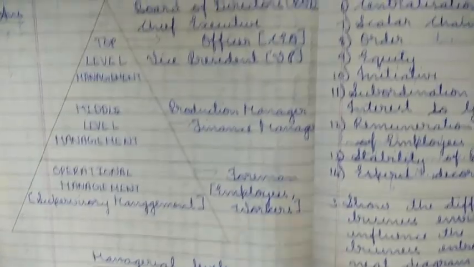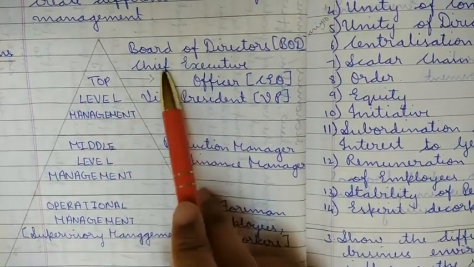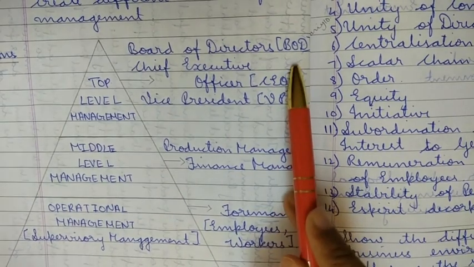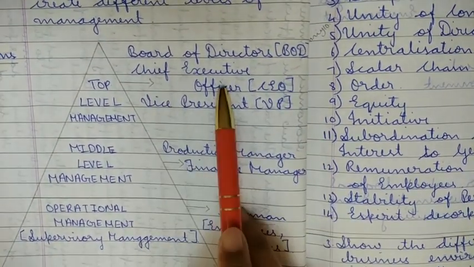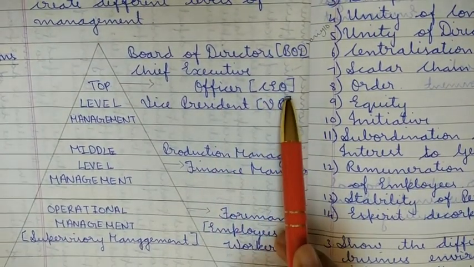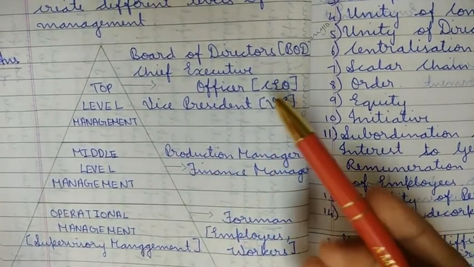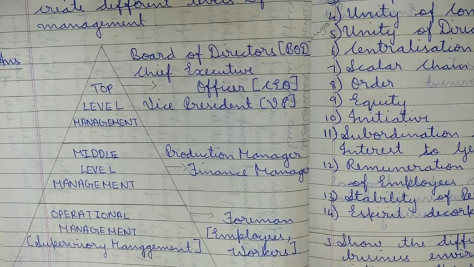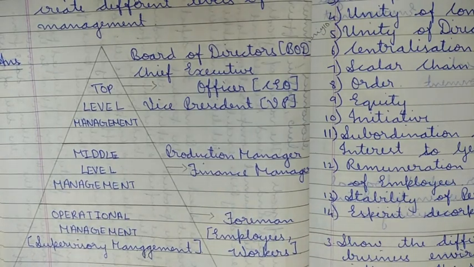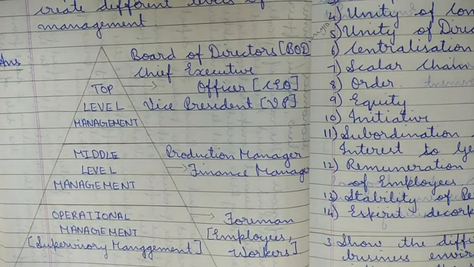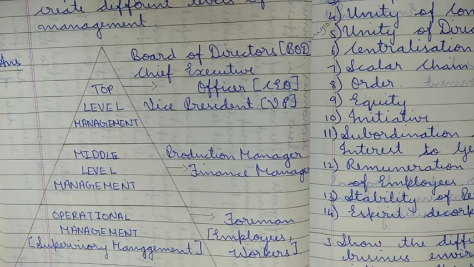Management levels. Top level management: board of directors, BOD in short, chief executive officer, CEO, vice president, VP. These words say that they are the top officials of a company.